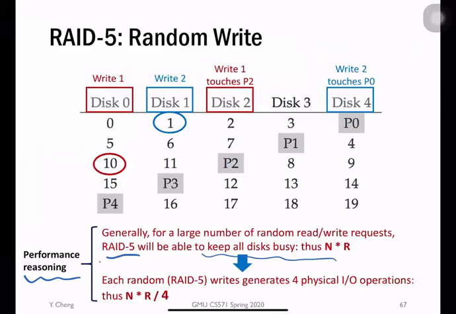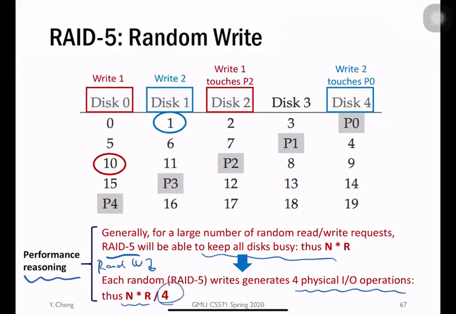But for random write, which is shown at the second paragraph, the second statement, each random write generates 4 physical small IO operations. So that is why by keeping all disks busy, you further divide this result by a factor of 4, which is n times r divided by 4.